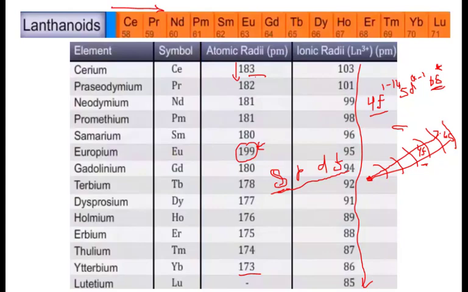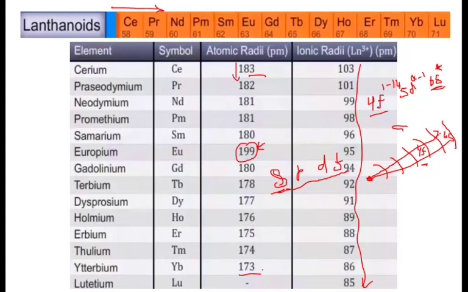And as the electrons go on increasing, that is, as one electron is added, there is a gradual or steady increase in the nuclear charge, which results in decreased atomic radii, and this steady decrease results in lanthanoid contraction.